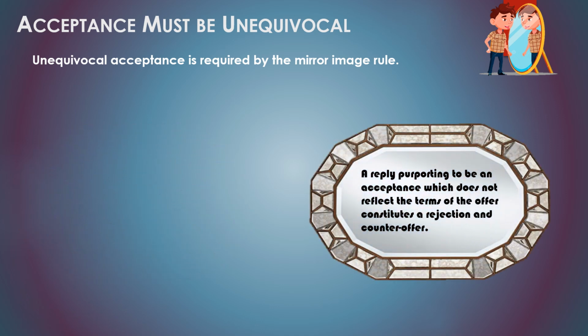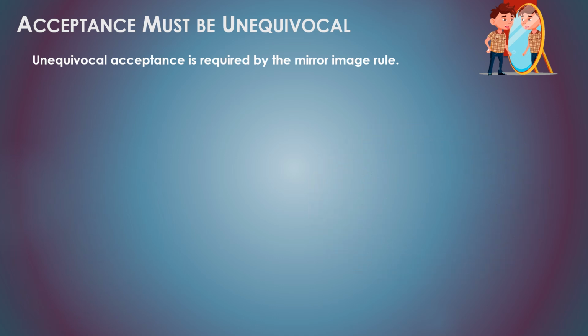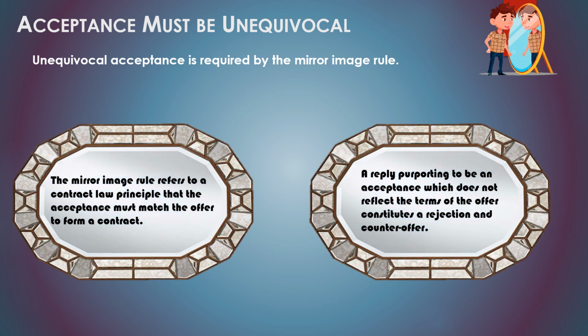A reply purporting to be an acceptance which does not reflect the terms of the offer is considered a rejection and a counteroffer. Acceptance must mirror the offer. That's what unequivocal means.